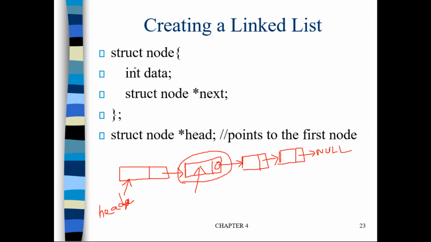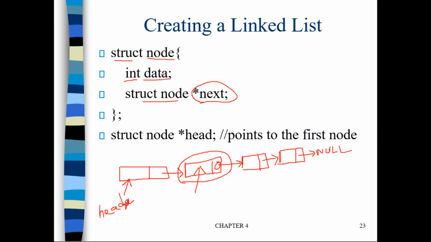We are creating a node, and this node is a structure. This structure contains two items. One is data, which is of type integer, and another is next, a pointer. Pointer of what type? Pointer of type struct node. What is struct node?